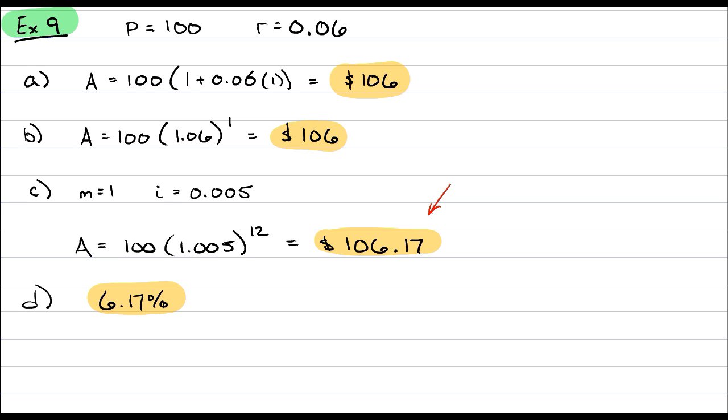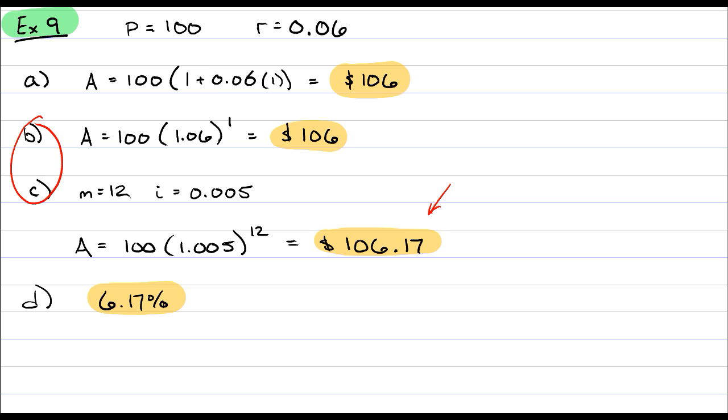So the idea is, looking at parts B and C, in both of these we're using compound interest. In one, we're compounding annually, and in the other, we're compounding monthly. But let's say you invest your money at the beginning of the year, and then you don't really care what happens throughout the year, but then you come back at the end of the year to see how much money you have.